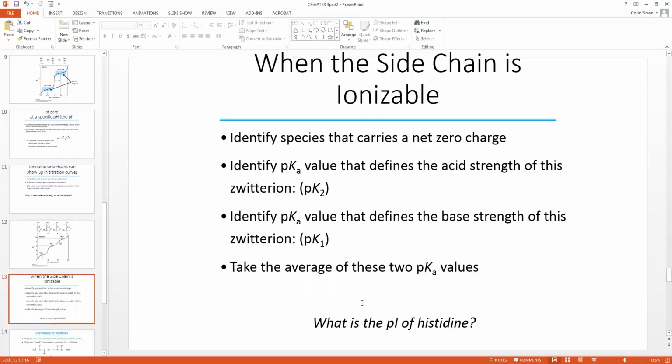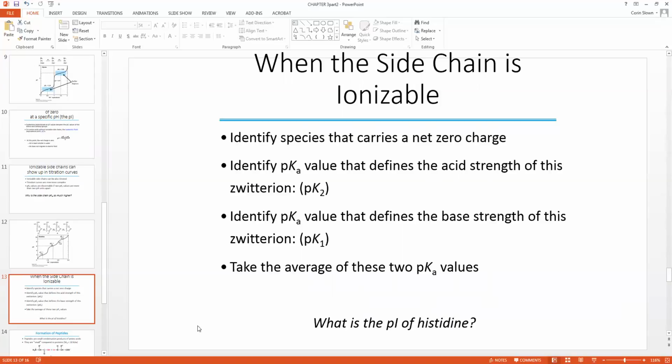So when my side chain is ionizable then, I need to be able to identify the species that carries a net 0 charge. I need to be able to determine the pKa value that actually determines the acid strength of this Zwitter ion. That's always going to be my pK2. And I also have to be able to determine the pKa value that defines the base strength of this Zwitter ion. That's pK1. And then you're going to take the average of those two pKa values.